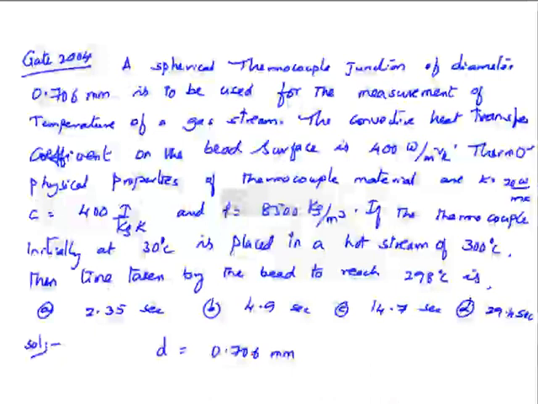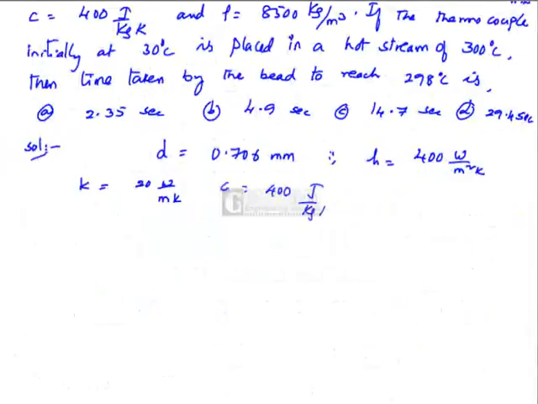The convective heat transfer coefficient from the bead surface is H is equal to 400 watts per meter square per Kelvin, and the conductivity of the thermocouple material K is equal to 20 watts per meter Kelvin, and the specific heat is 400 joule per kg Kelvin. Density is given as 8500 kg per meter cube.